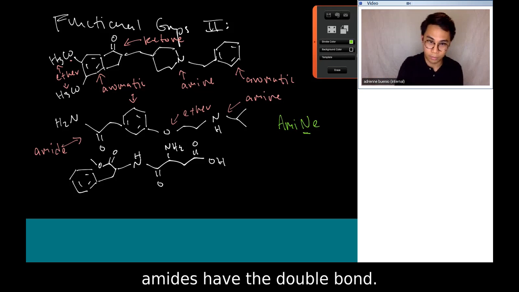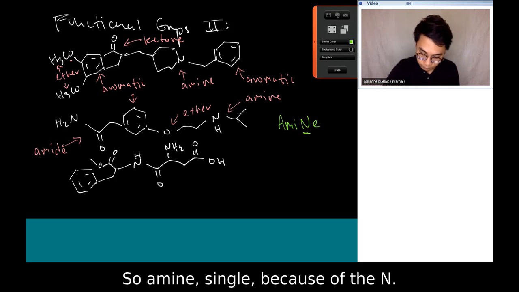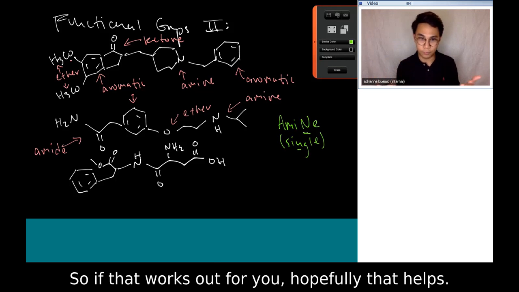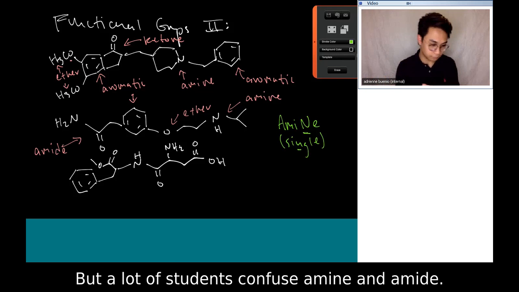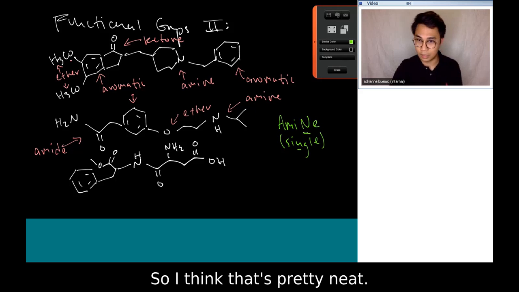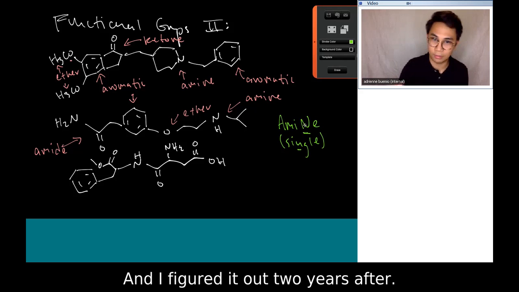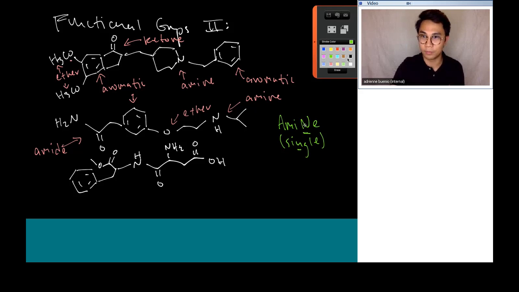Because we know amides have the double bond. So amine single because of the N, right? So if that works out for you, hopefully that helps. A lot of students confuse amine and amide, so I think that's neat. And I figured it out 2 years after, right? Okay.